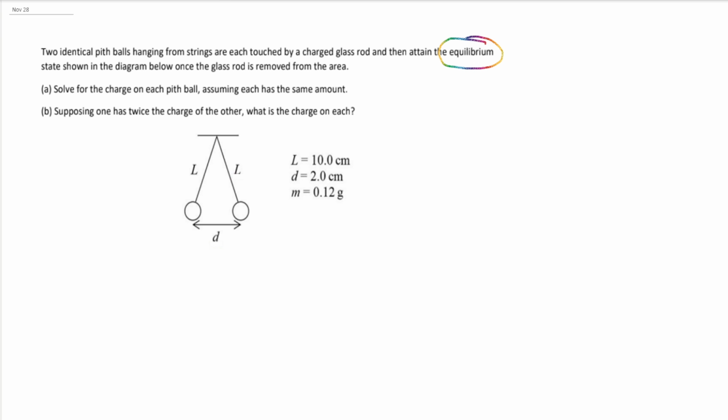So after some time it reaches this state. If I drop a ball and I catch it a split second after dropping and it's in the air, is it fair to say that that thing's in its equilibrium state?